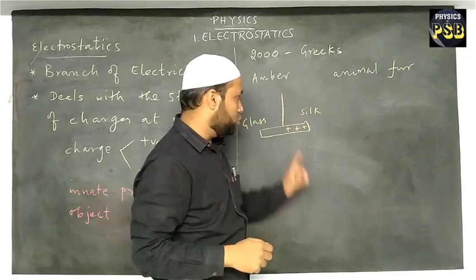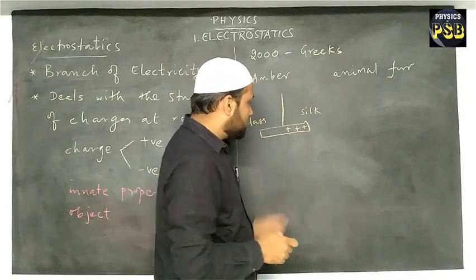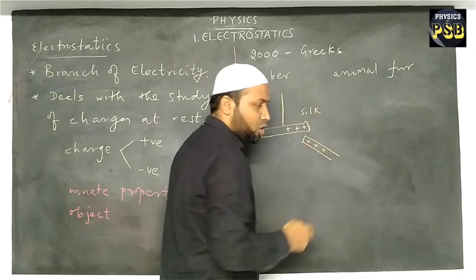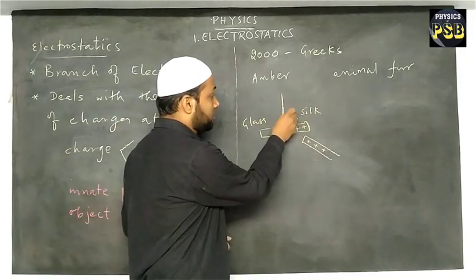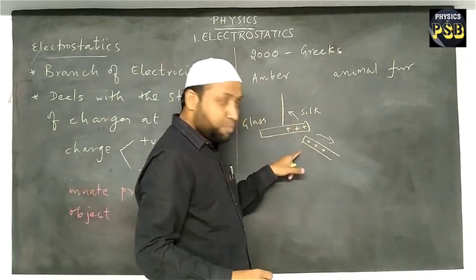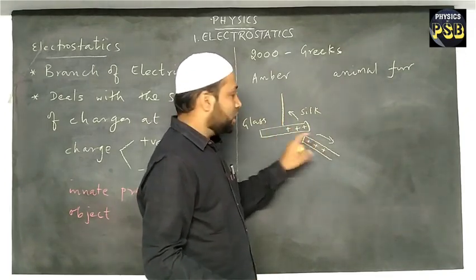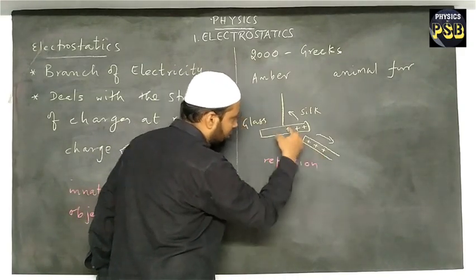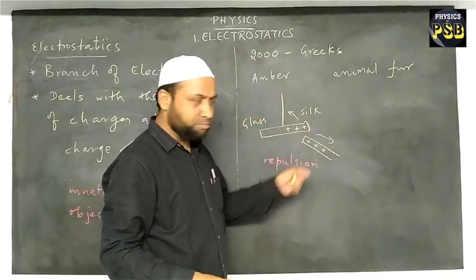When this glass rod is brought near another glass rod, which also attains positive charge on rubbing with silk cloth, they avoid each other. This process of avoiding of these two glass rods from each other is known as repulsion. So there is repulsion between these two glass rods having the same charge.